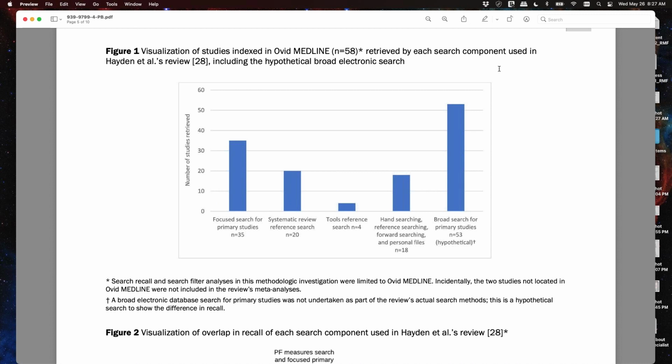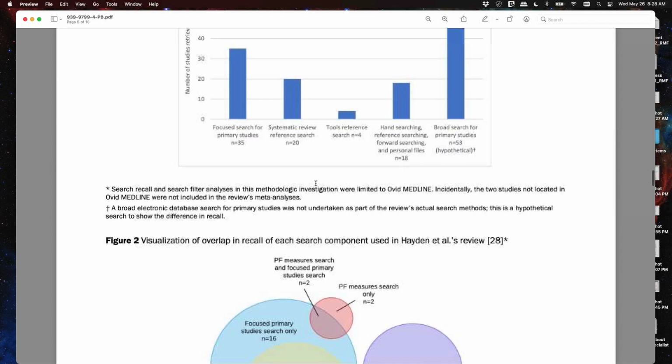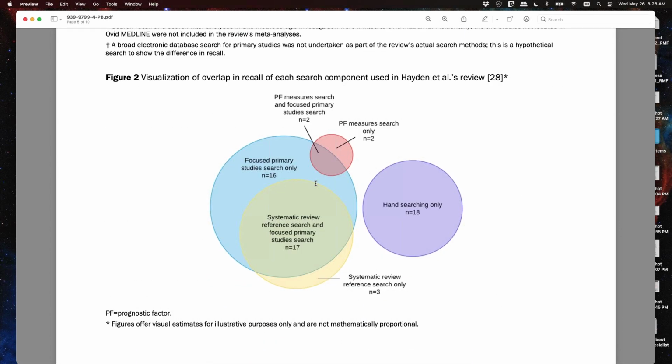And for that, I think it's best to maybe move to figure 2. This is a really nice Venn diagram, and helps really in understanding their findings.